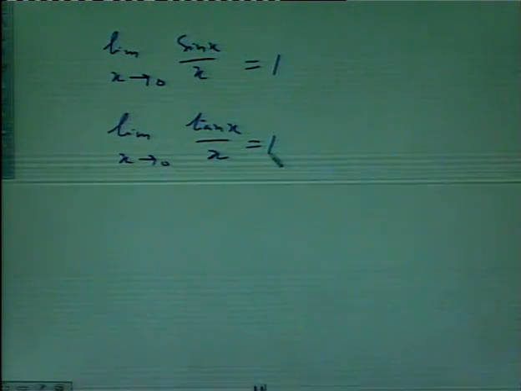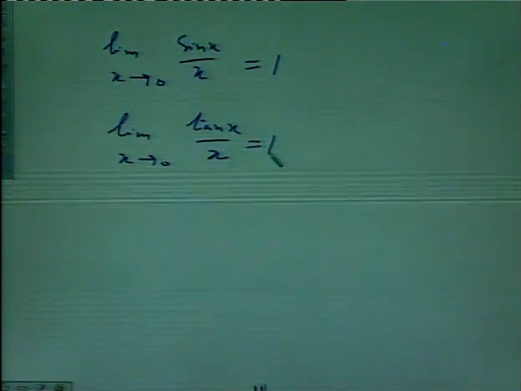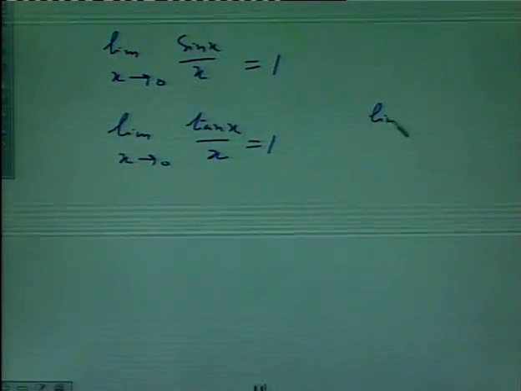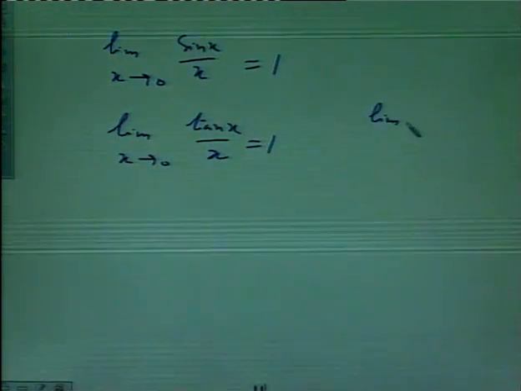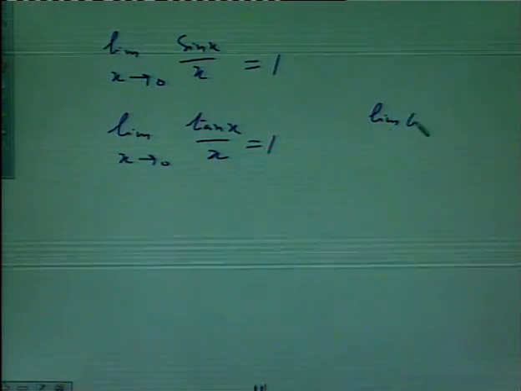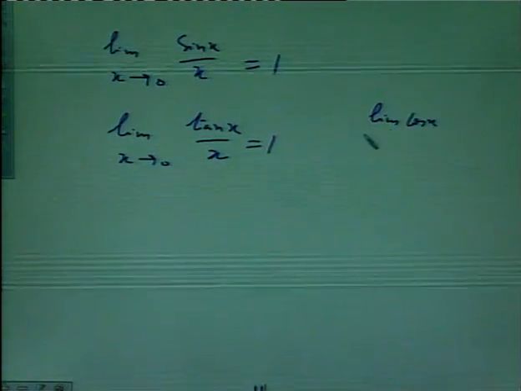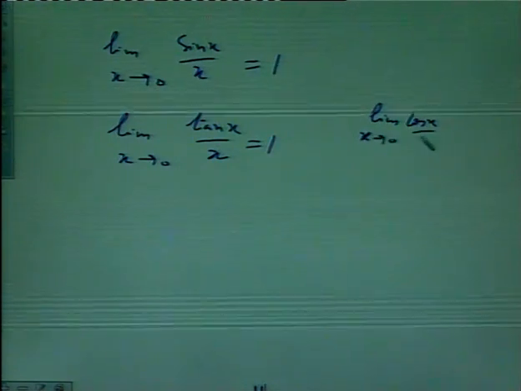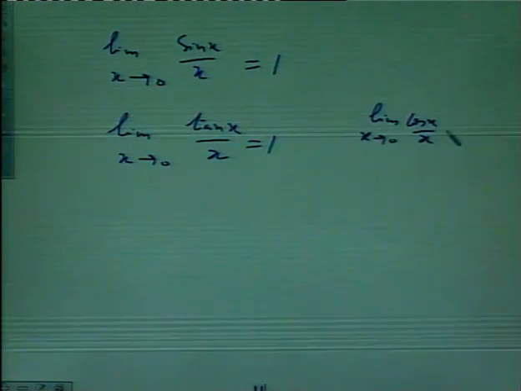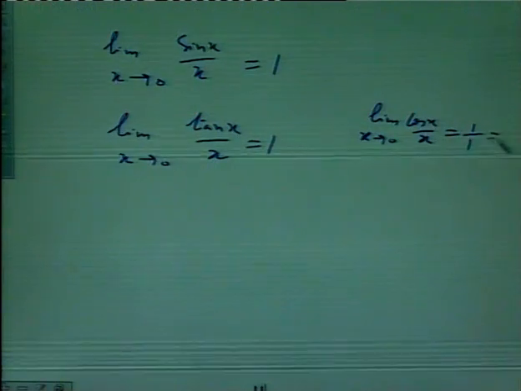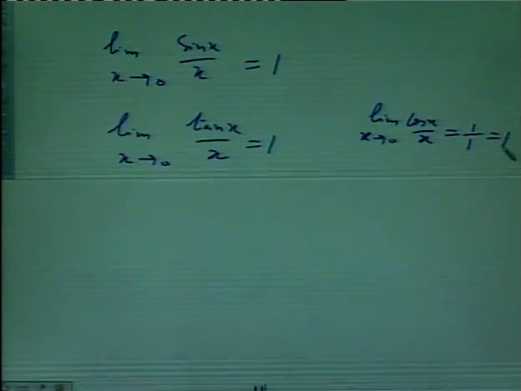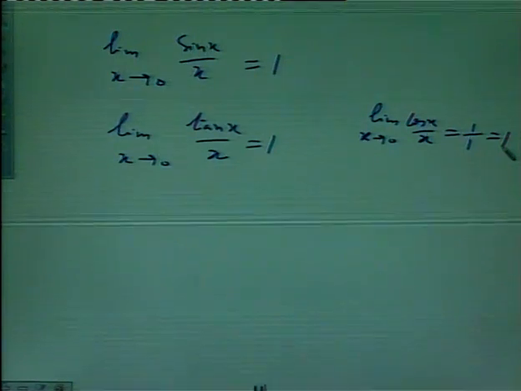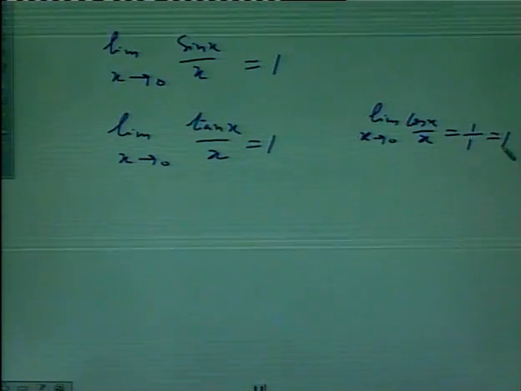sin x upon x or tan x upon x, and cos x, limit x tends to 0 upon x, its value is again 1.